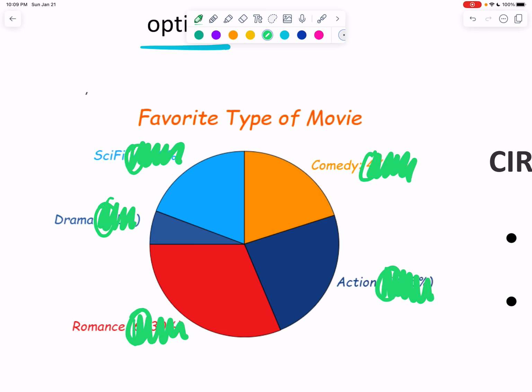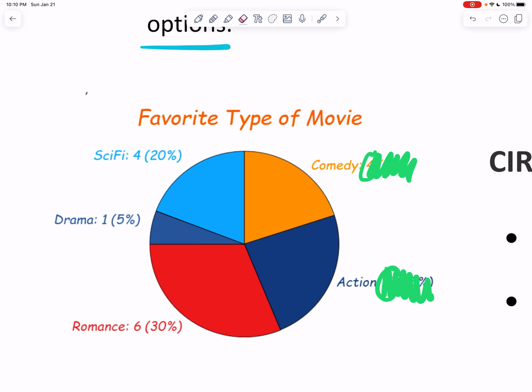So without those percentages there, if you asked what was the second most popular movie, I might be able to get action. But if you asked what was the third most popular movie, I don't know if I would be able to distinguish whether sci-fi and comedy are identical in size, or if they're slightly off. Like if it was 19% and 20%, I don't think I could do it. So having those labels there is particularly useful to help provide clarity to that data.